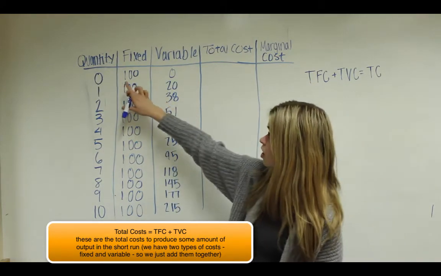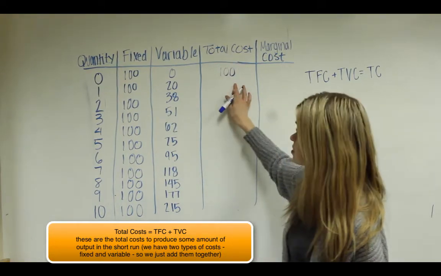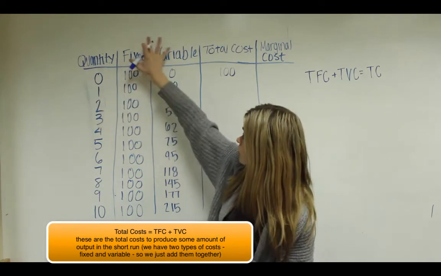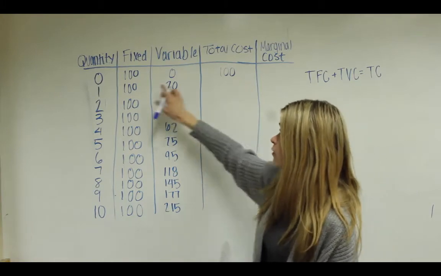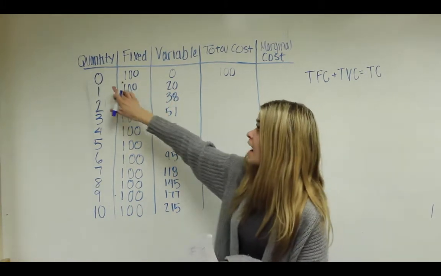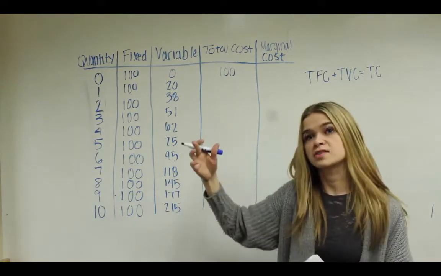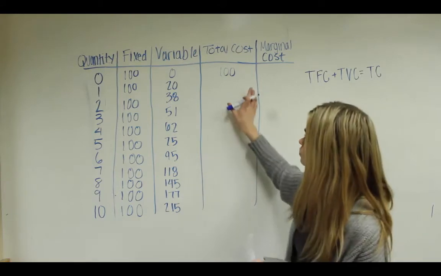So total cost at 0 is 100, and you can note that this is equal to our fixed cost. If you have a quantity of 0 and they didn't give you any of these, but you knew your total cost, you'd be able to figure out fixed, because you know that at 0, the only cost that we have to pay for is that rent of the building.